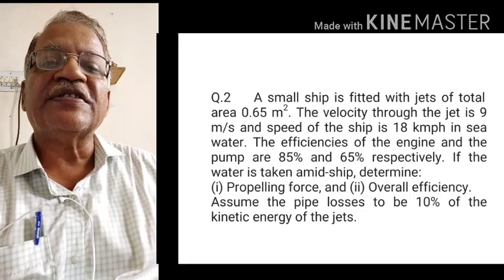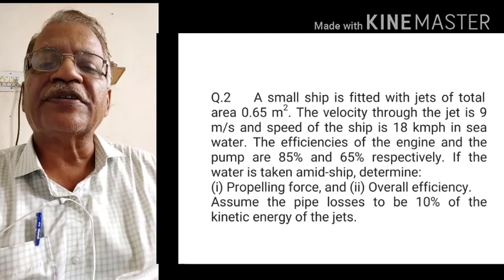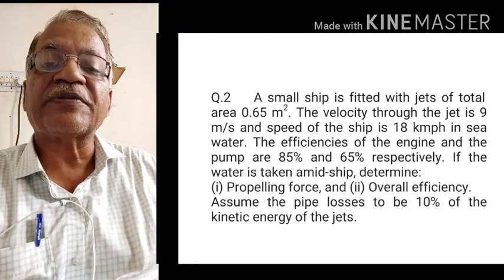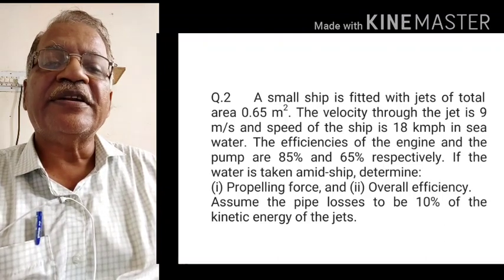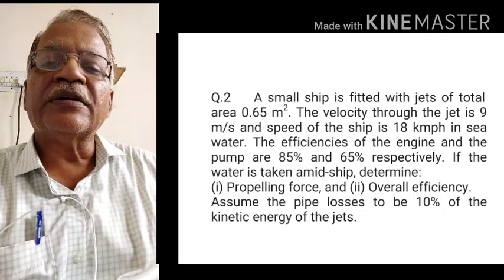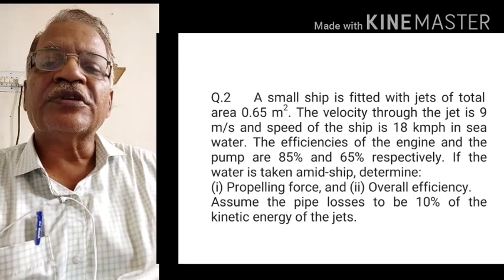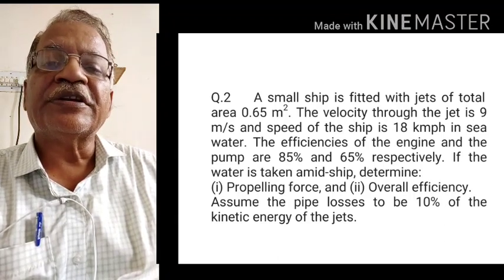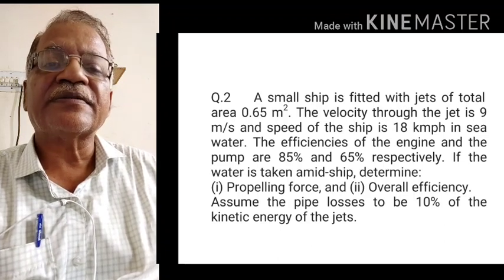The efficiencies of the engine and the pump are 85% and 65% respectively. If the water is taken amidship, determine 1. the propelling force and 2. the overall efficiency. Assume the pipe losses to be 10% of the kinetic energy of the jet.